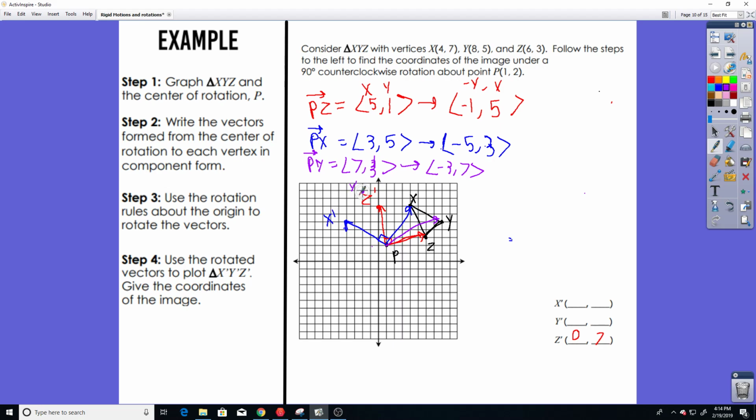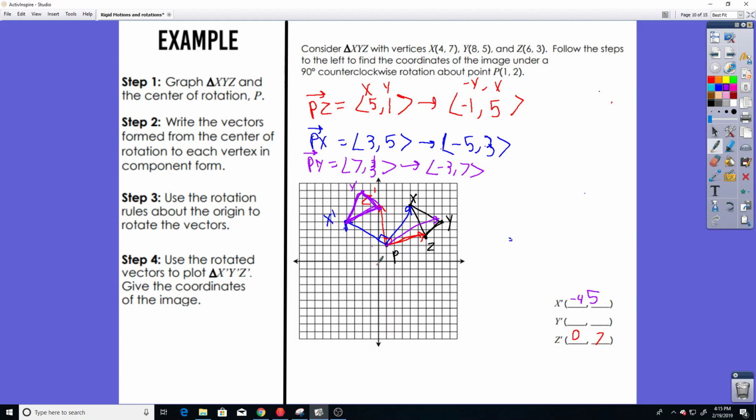Connect all your points. So I'm going to connect X with Y prime and Y with Z prime, and then finally Z with X prime. And this purplish triangle I've made, this terrifying looking triangle, is our rotated figure of XYZ. Just to complete the problem, my X coordinate is at -4, and up 5.